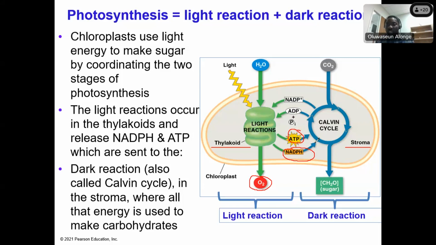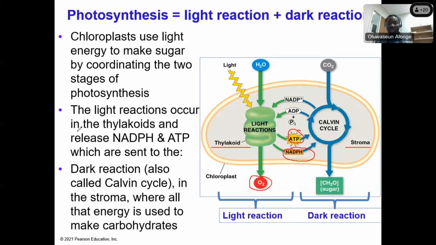Now, when that happens, we are going to have NADP plus back. The NADP plus will go back to the light reaction so that it can capture more electrons and become reduced as NADPH again to continue the cycle. Then when ATP is used, it's going to go back and become ADP so that it can become phosphorylated again and become ATP again. So it goes back into the light reaction, into the thylakoid, and the process continues.